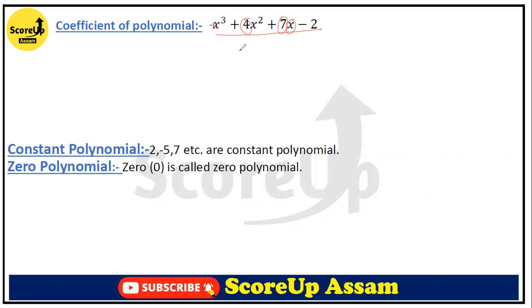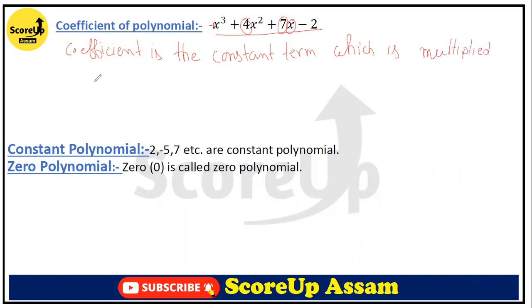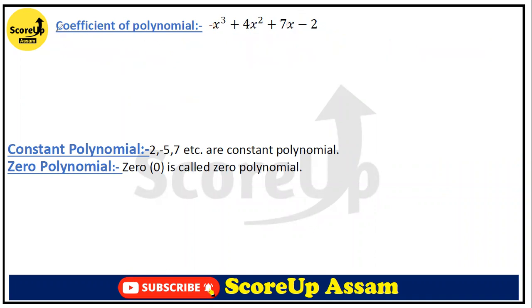So that means a coefficient is the constant term which is multiplied with the variable. Okay. So these are the coefficients of a polynomial that we have learned.